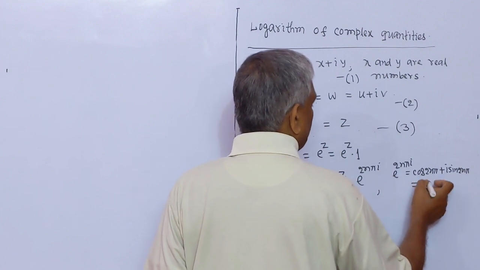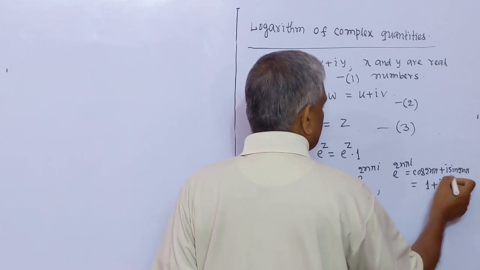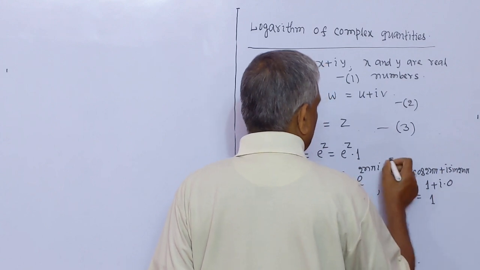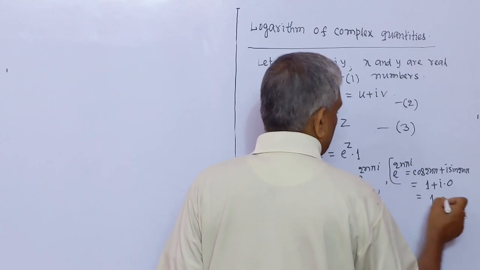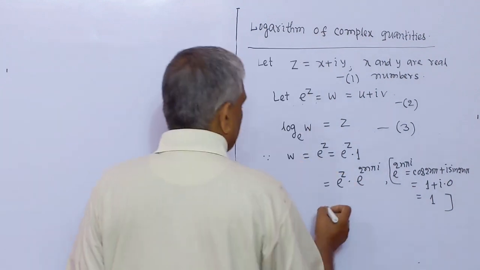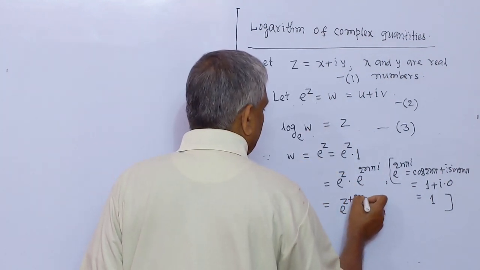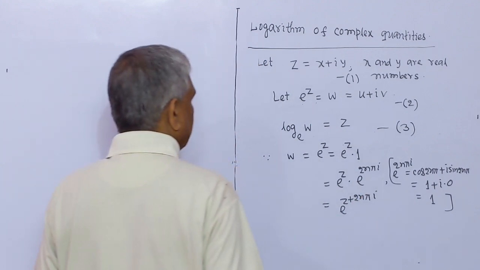Cos 2n pi is 1 and sin 2n pi is 0, so this is 1. We may write this as e to the power z plus 2n pi i.